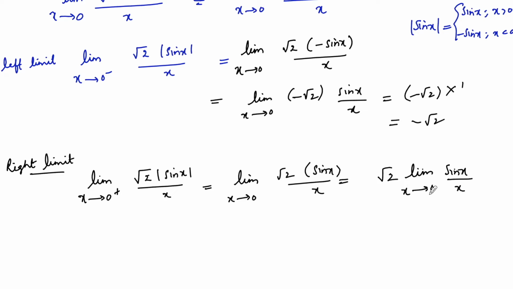Since limit x tends to 0 sin x upon x is 1, we can write root 2 into 1, which is equal to root 2.